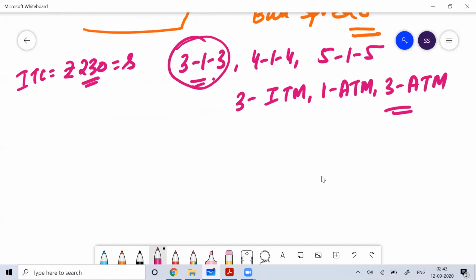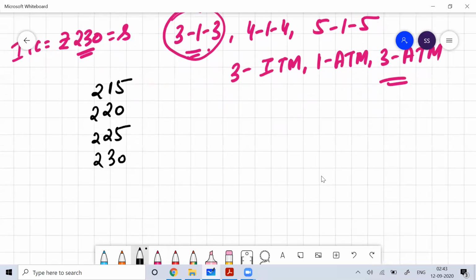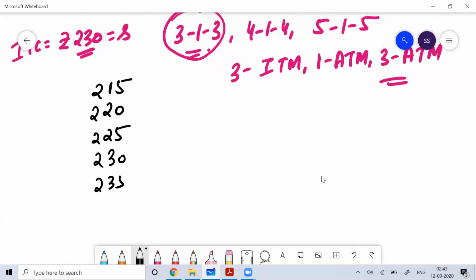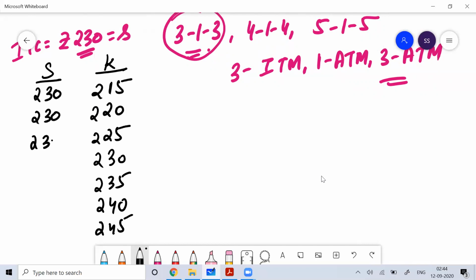So for 313, when you check the strike prices, there would be a strike price of 230, then 225, 220, and 215. Then your strike prices can be 235, 240, or 245. Your present spot price is 230.